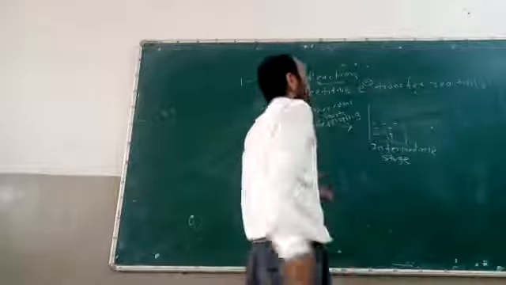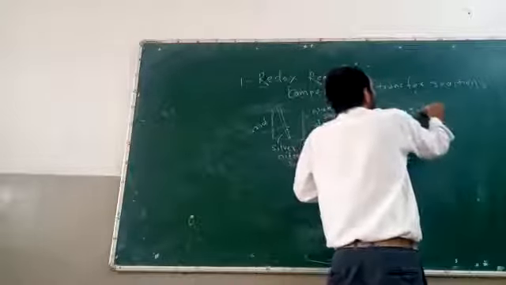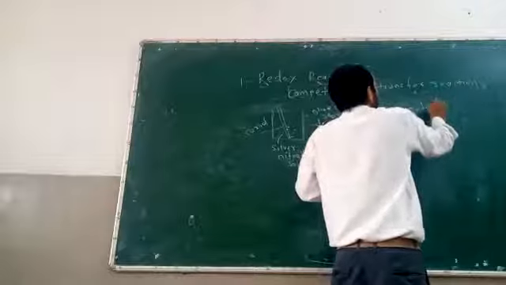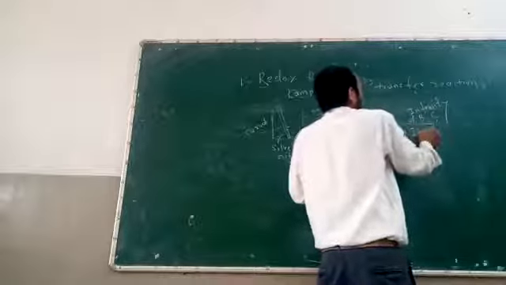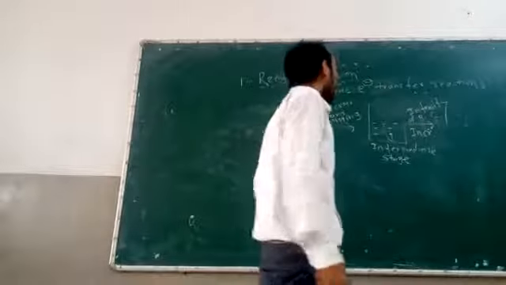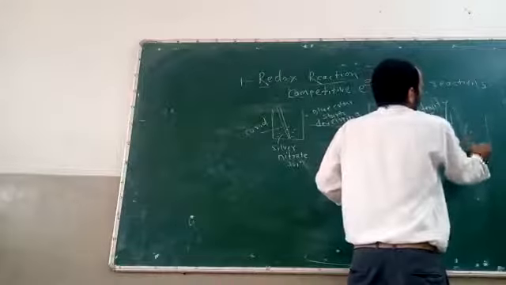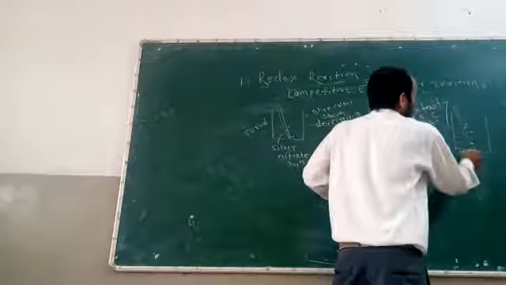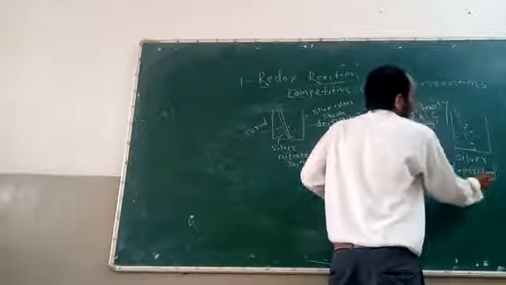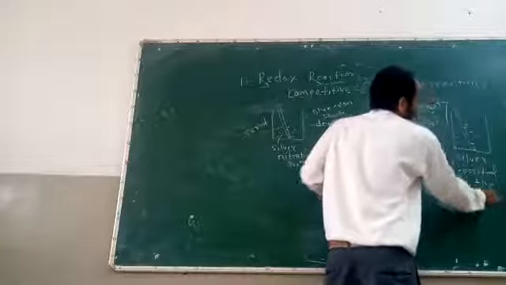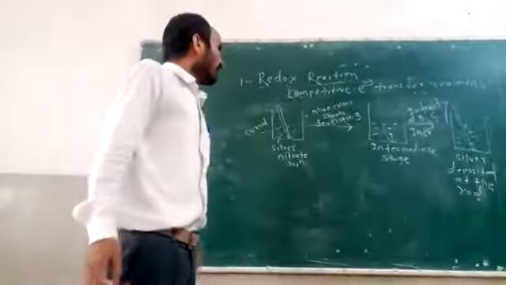The third step is that the intensity of blue color increases, and silver is deposited on the rod.